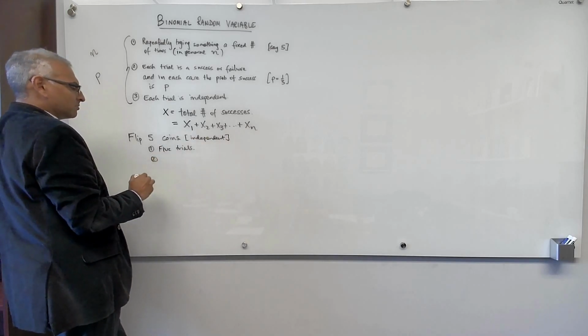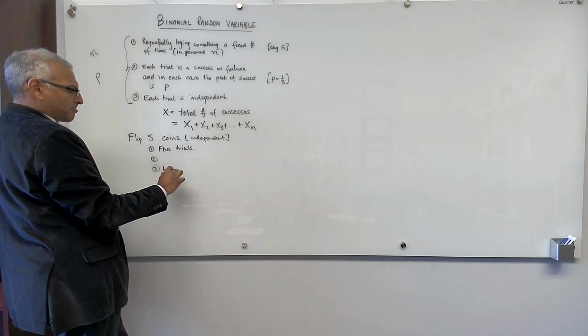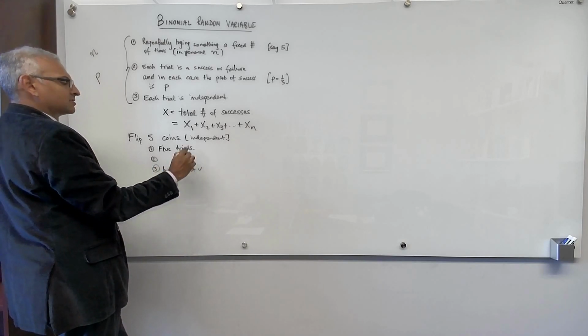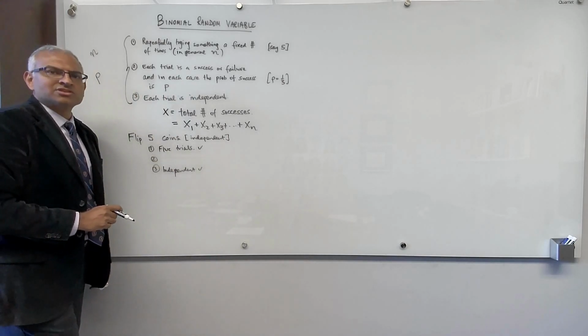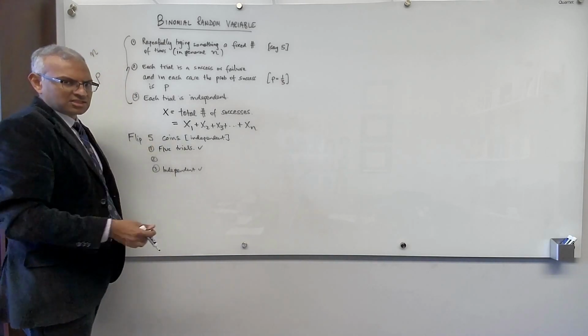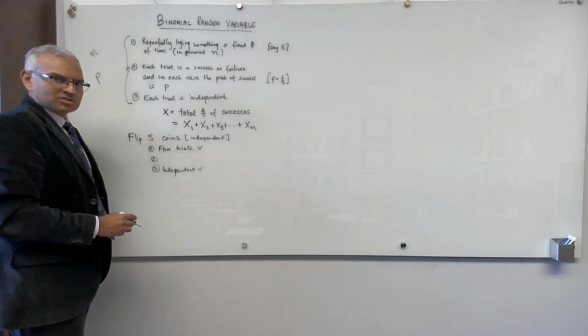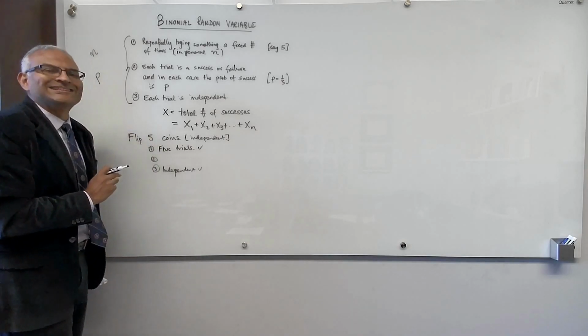So the fixed number of trials, yes, and independent, yes. And is each trial going to succeed with the same probability? We have to define success, so let's say success is a head. That will be the case if they're identical coins.